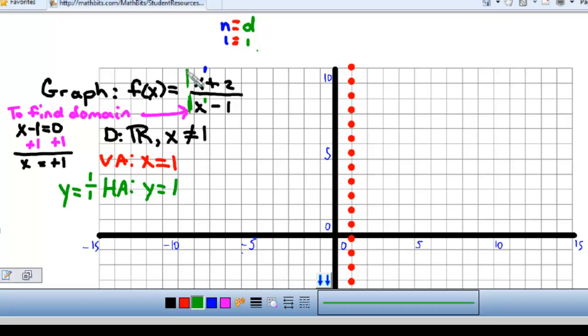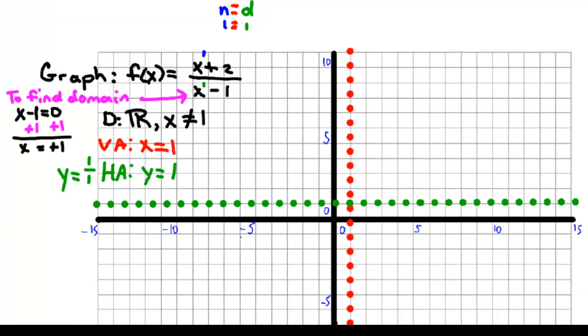When the degrees are equal, we look at the leading coefficients to find our horizontal asymptote. 1 divided by 1 is equal to 1. The horizontal asymptote is y equals 1. Draw this line on your graph with a dashed line. These are our two boundary lines.